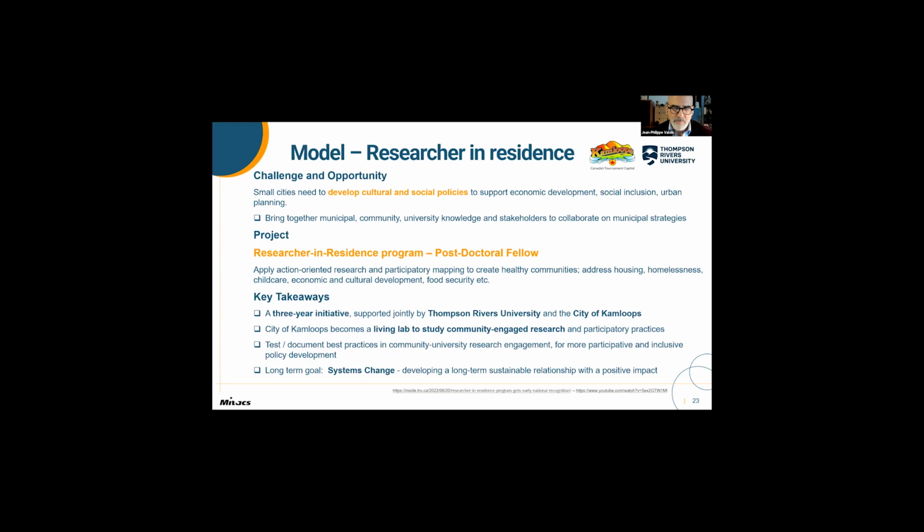So finally, before we enter into the panel discussion, I thought I'd share 3 more quick slides on previous models. The researcher in residence model innovation was the topic of our previous webinar. It's really an initiative that was put in place between the city of Kamloops and Thompson Rivers University. It's actually ongoing; I think they're in their 3rd year right now.